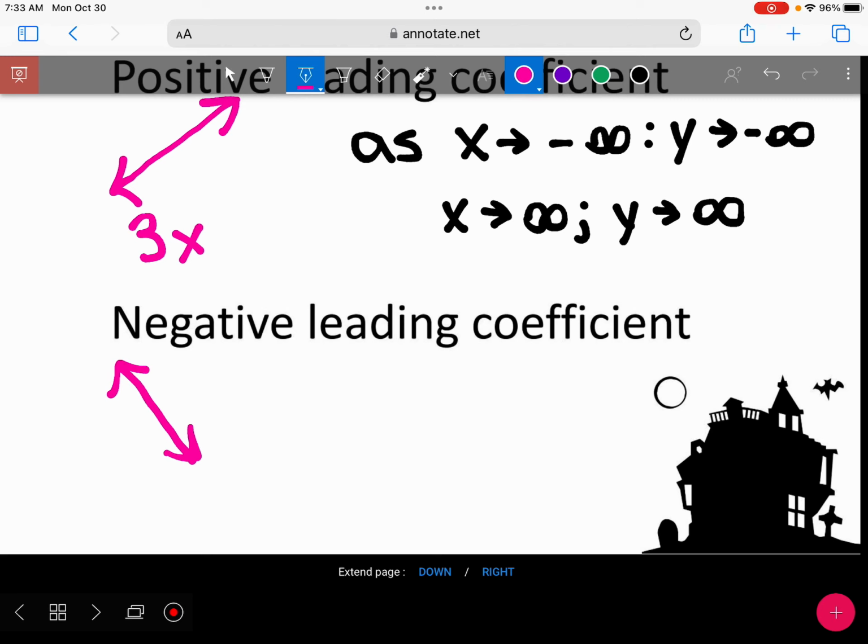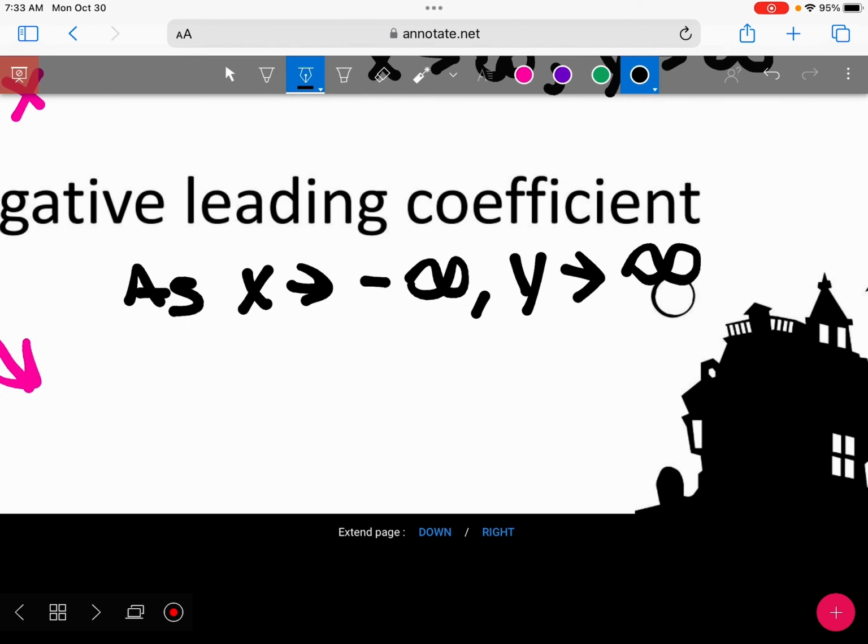Okay, so our last possible option at this point in our lives is for a negative leading coefficient. And we can write that out as x approaches negative infinity, y approaches positive infinity. And then as x approaches positive infinity, my y's are getting real, real small.